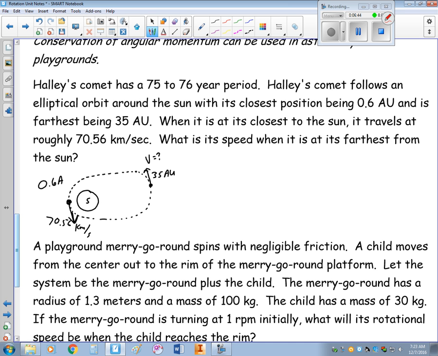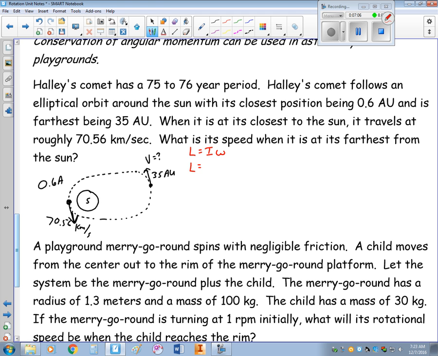First off, the definition of angular momentum is I times omega. And I can start putting in some bits into this. First off, I. Halley's Comet, I can think of as a point mass going around an axis.